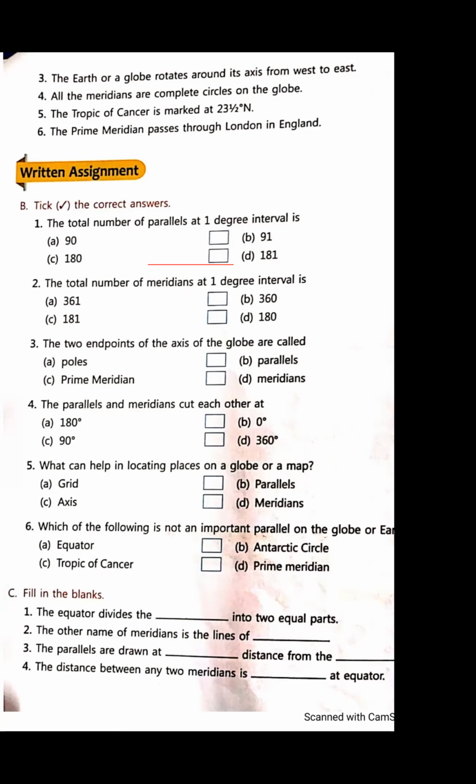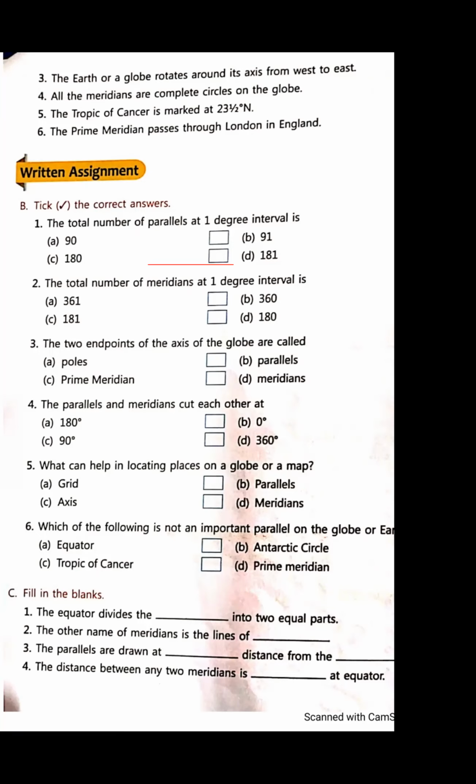Ayush, repeat your answer. 180 degree. No. Vansham: 90. Yes, 90 degree. They cross each other at 90 degree.